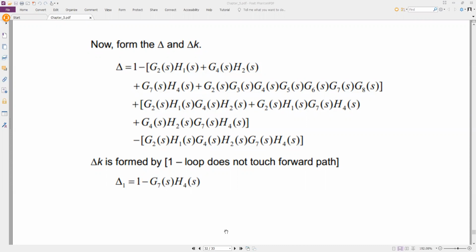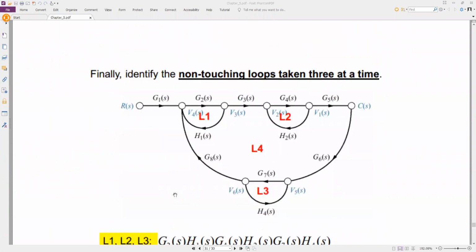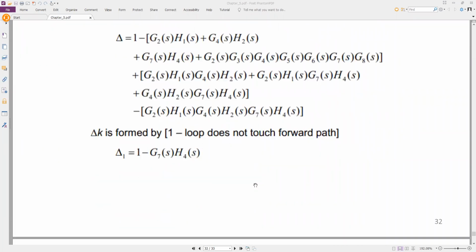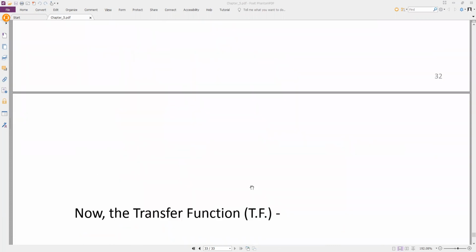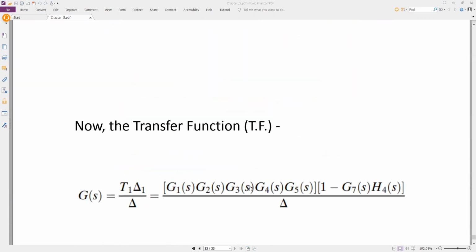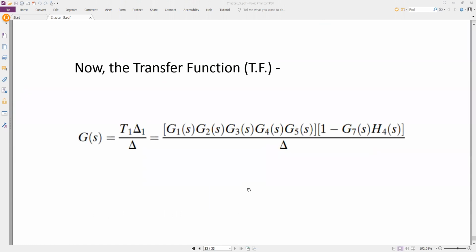And delta k is formed by 1 minus the loop that does not touch the forward path, which is G7H4. So G7H4 does not touch the forward path. So it would look like this. Just put in the values, then you will get the transfer function. Okay, so that was chapter 5.